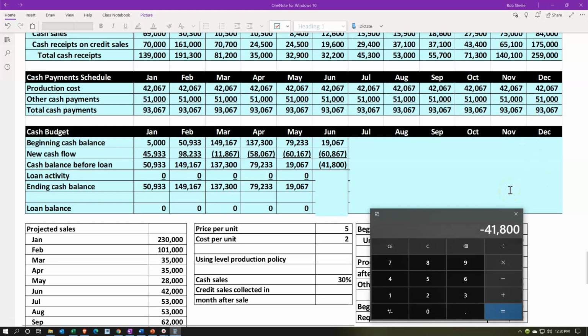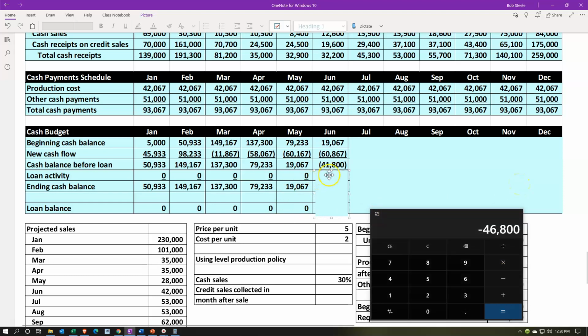Therefore, we have to take into consideration a loan because we want to have a minimum balance of 5,000. So I'm taking that minus 5,000 means we need to take out a loan of the 46,800. And so that's going to bring us to our minimum balance of the 5,000. And now we have a loan outstanding of that 46,800.